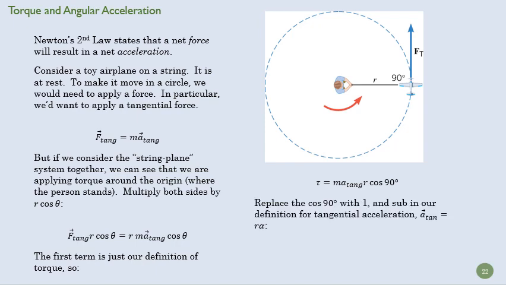Then we sub in a definition for tangential acceleration that has to do with rotational motion, from last time. The tangential acceleration is the angular acceleration times r. Plugging those in, this guy goes away, this guy gets subbed out, and we end up with this equation: torque equals mr squared times angular acceleration.